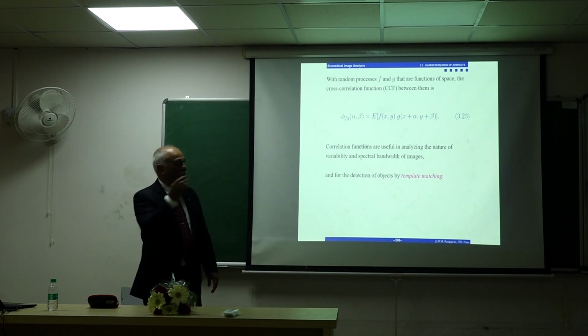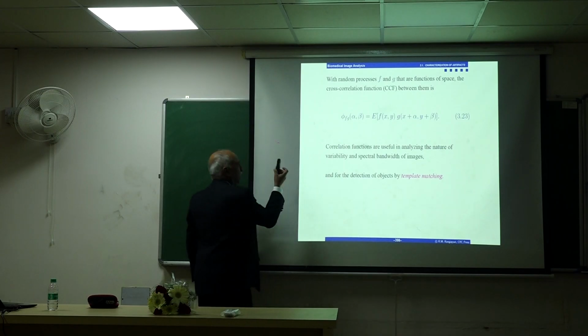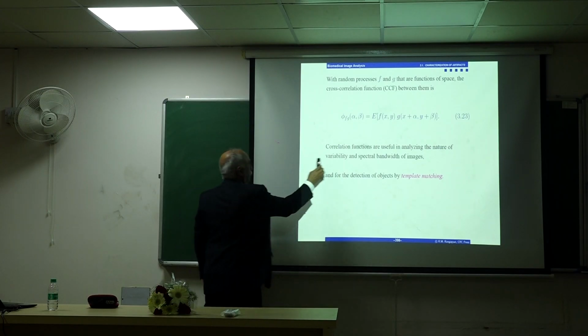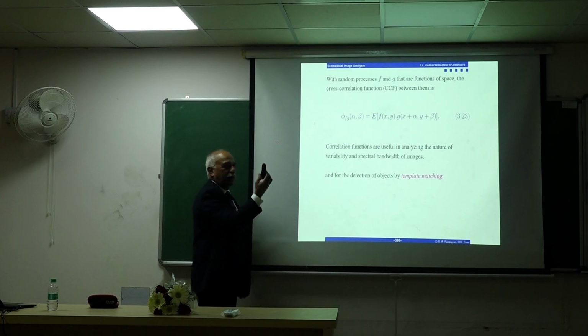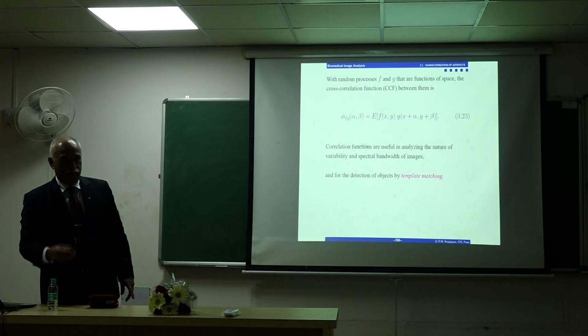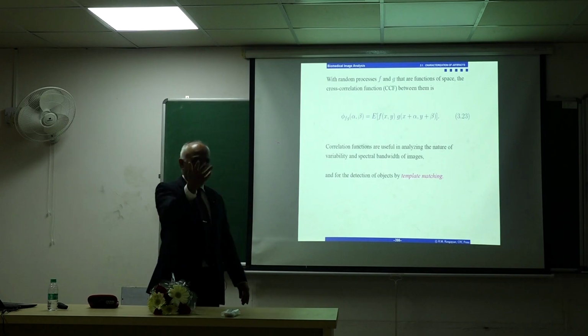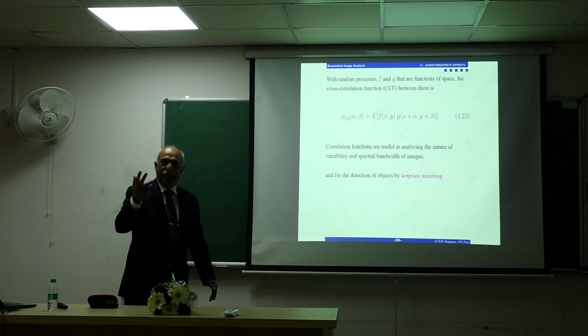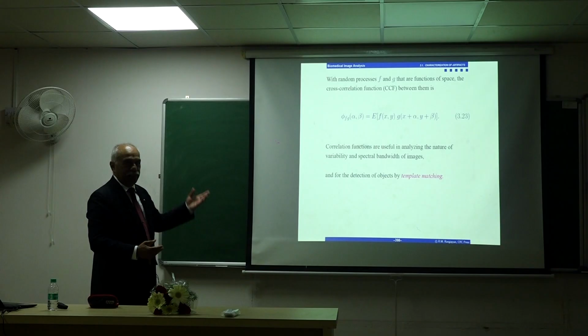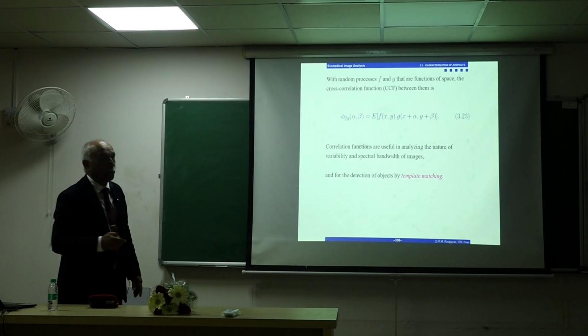So I create an image of this, and then I go like this, multiplying and integrating over this space with a shift. And when a large value is found, then I have found that object. That is used in radar in 1D signal processing to detect return signals, an echo, from a signal that you send out, and that's template matching, which is related to cross-correlation.